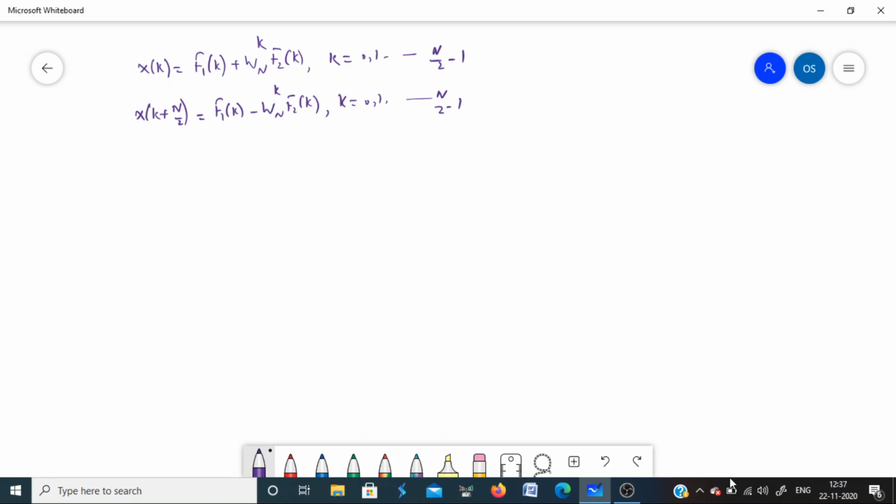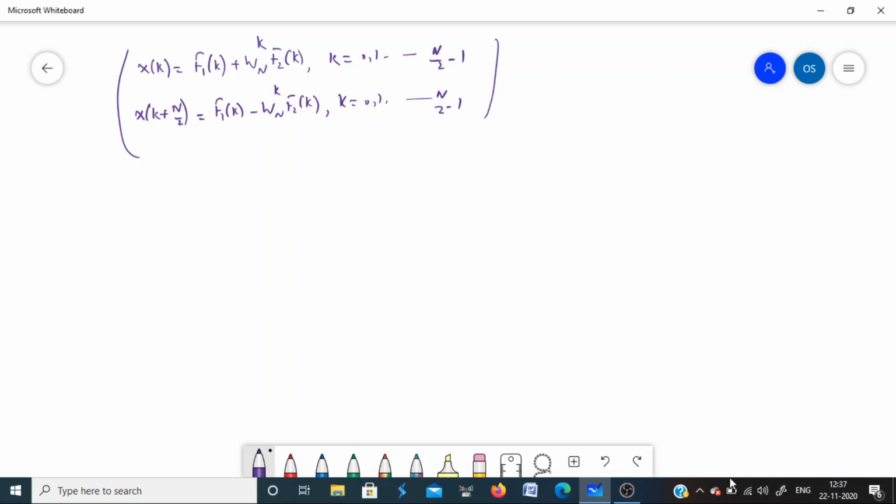One equation is Xk equal to F1k plus W_N to the power k into F2k, k from 0 to N by 2 minus 1, and the second equation is X of k plus N by 2 equal to F1k minus W_N to the power k into F2k, k is 0 to N by 2 minus 1.